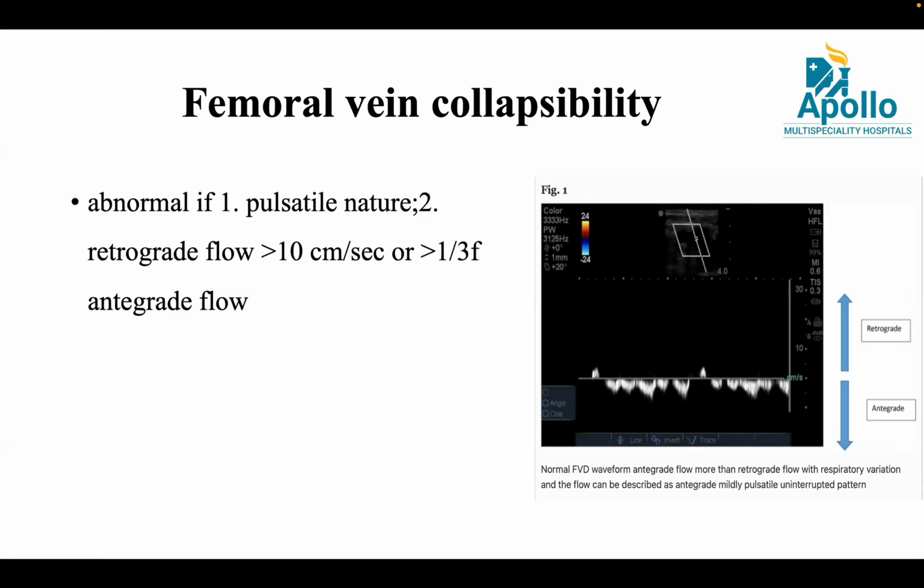Veins are meant to flow towards the heart. So if you put the probe on the femoral vein, everything should be away from the probe. So all the negative waves are normal. Anything positive is abnormal. Now in every patient, some positive waves or some regurgitation is there. But if you have a pulsating vein with retrograde flow of more than 10 centimeters per second or more than one third of the antegrade flow, then you call it abnormal.